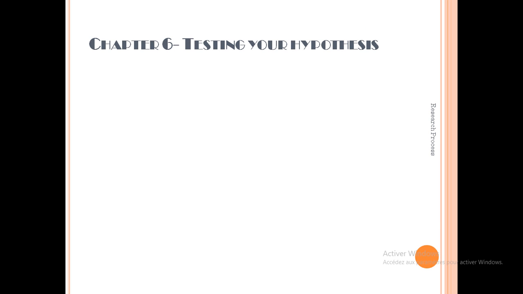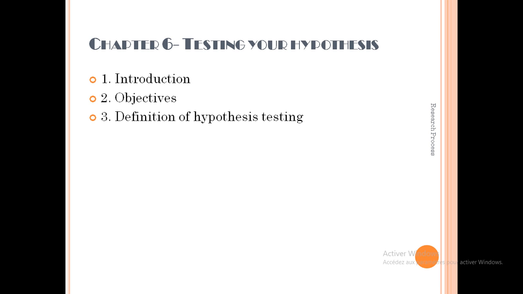The last chapter, chapter 6, is testing. Also, in this chapter, we introduce the subject, then give some insight concerning what we are supposed to gain, the learning outcome after learning this chapter. We define what is hypothesis testing and what is the importance of testable hypotheses.